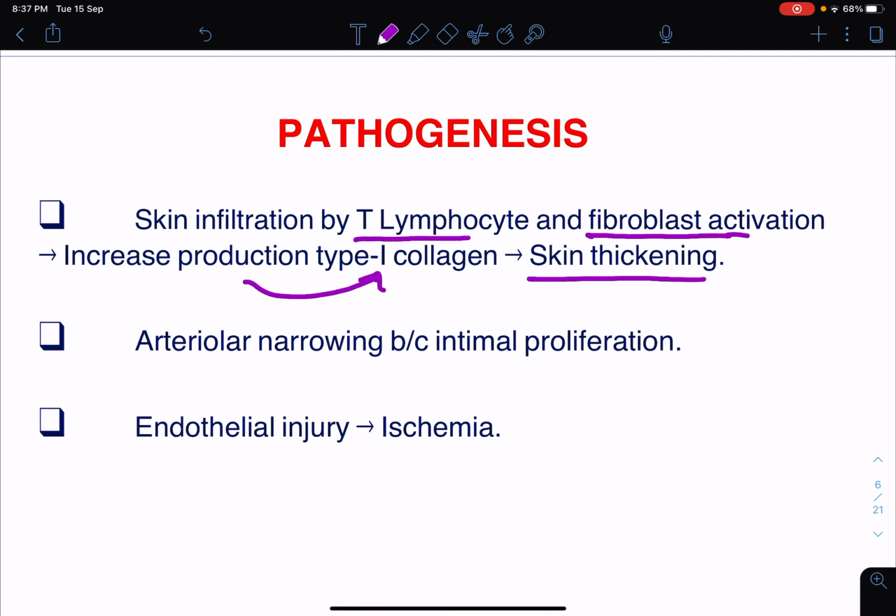There will be arteriolar narrowing because of intimal proliferation, and because of arteriolar narrowing, there will be compromised blood supply to different organs, ultimately leading to organ failure or different manifestations. There will be endothelial injury also leading to ischemia. So this is the pathogenesis of scleroderma.